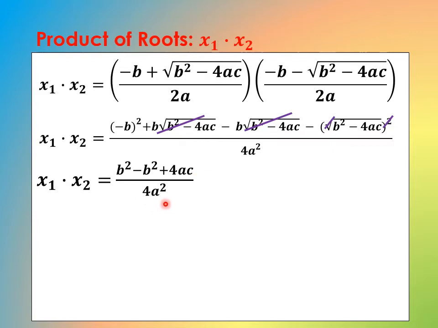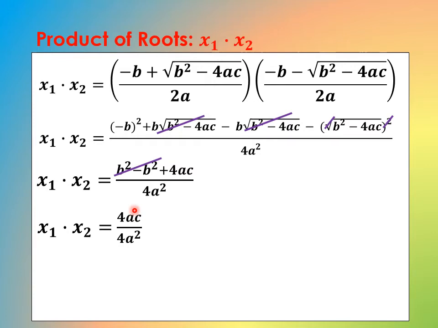Okay? Next. Combine again like terms. So, b squared minus b squared, magiging 0 na. So, matitira sa atin is 4ac over 4a squared. We can now simplify it. So, 4 divided by 4, that is equal to 1. A divided by a squared. So, ang exponent ng a na nasa numerator is 1.